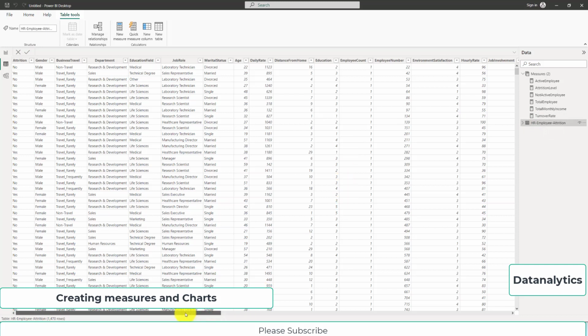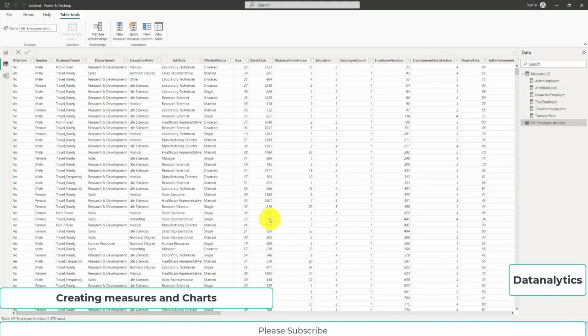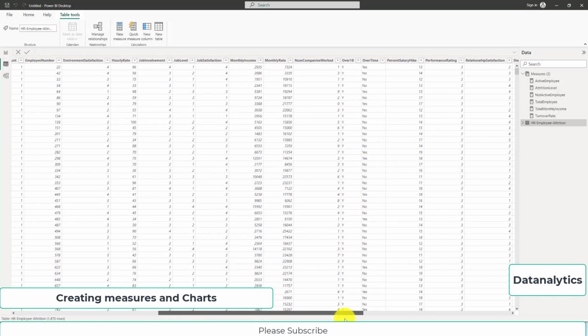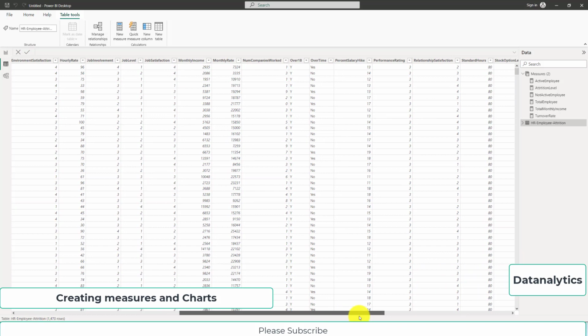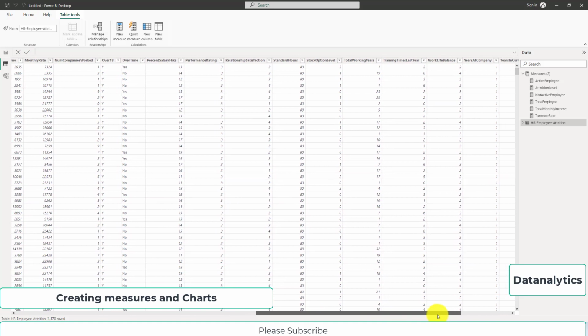Okay, so what are we doing here? Okay, look at this data. I mean, this gives us so many insights.